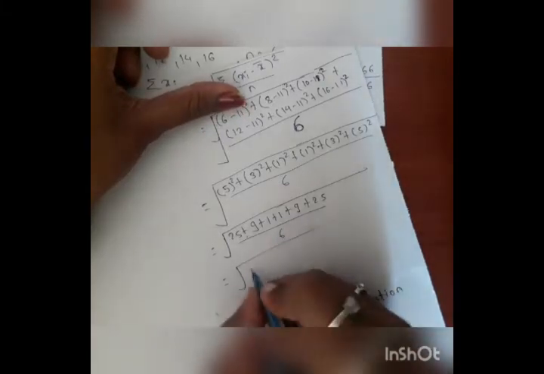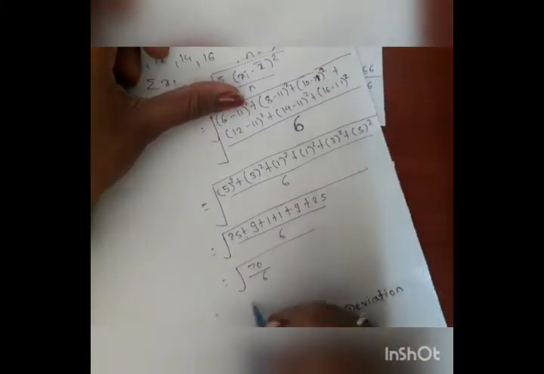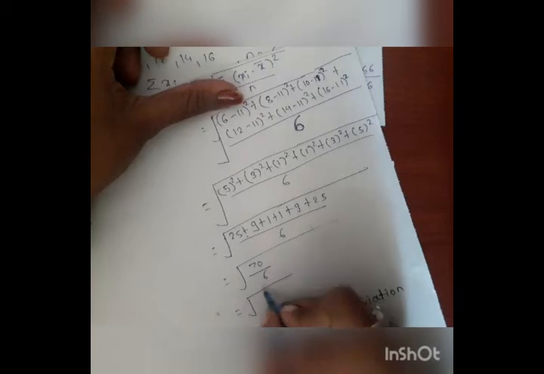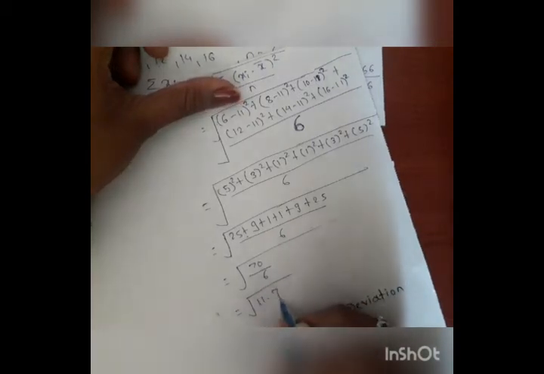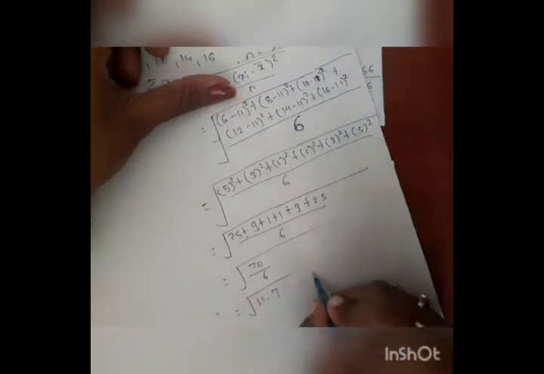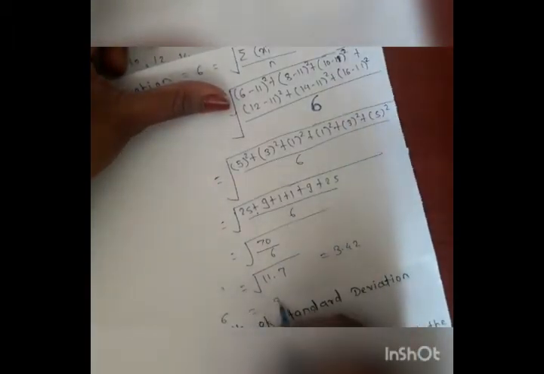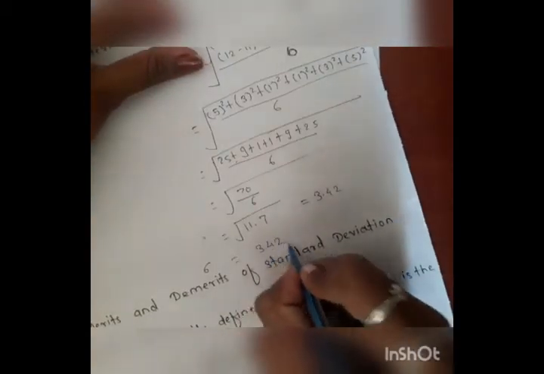Addition of this is 70 by 6, which is also equal to root 11.7, and root 11.7 is 3.42. So sigma is equal to 3.42.